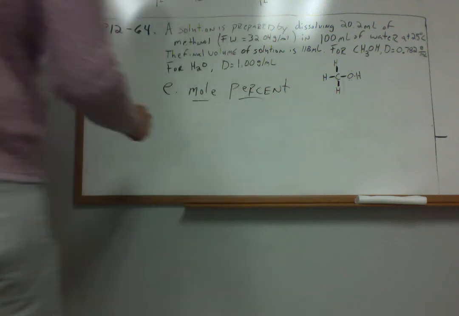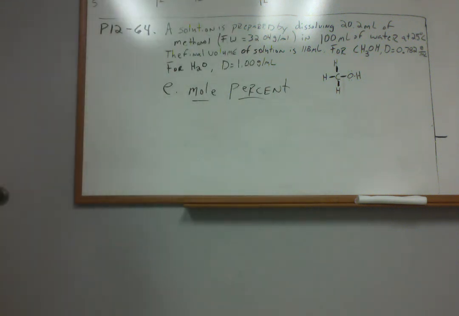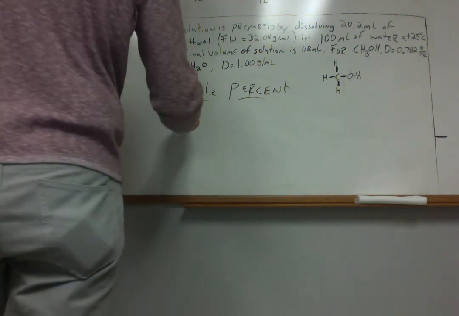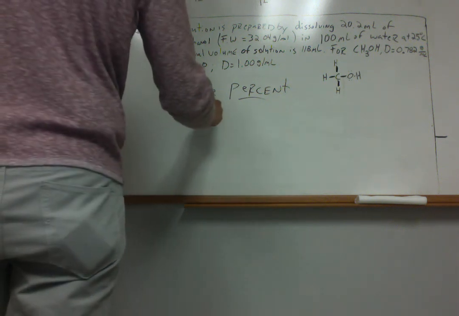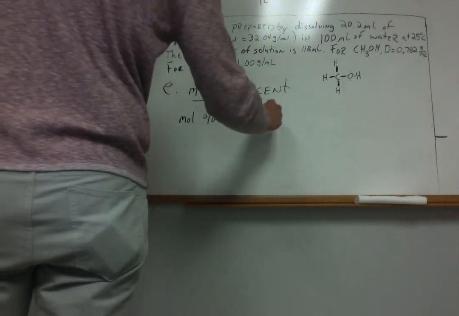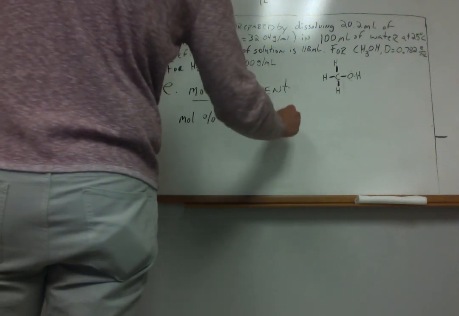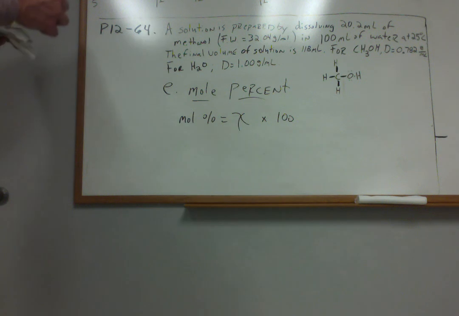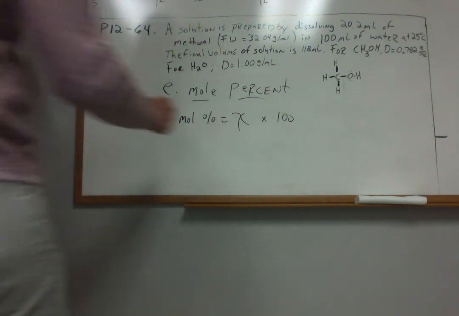because it's mole percent. What is our mole percent of methanol in our mixture? Well, mole percent is simply the mole fraction times 100 to express the number as a percent. Remember, mole fraction is between 0 and 1. Mole percent is between 0 and 100%.